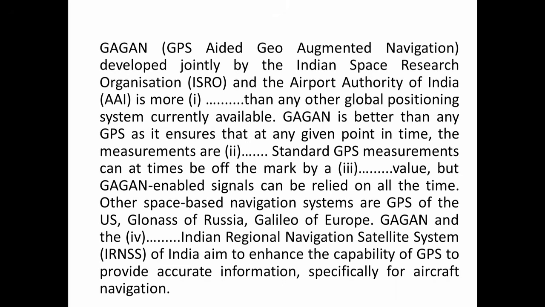What could be the right form of adjective here? It could be the existing IRNSS of India aim to enhance the capability of GPS to provide accurate information, or if it is not existing, then you can also say upcoming satellite system, or you can even say forthcoming.